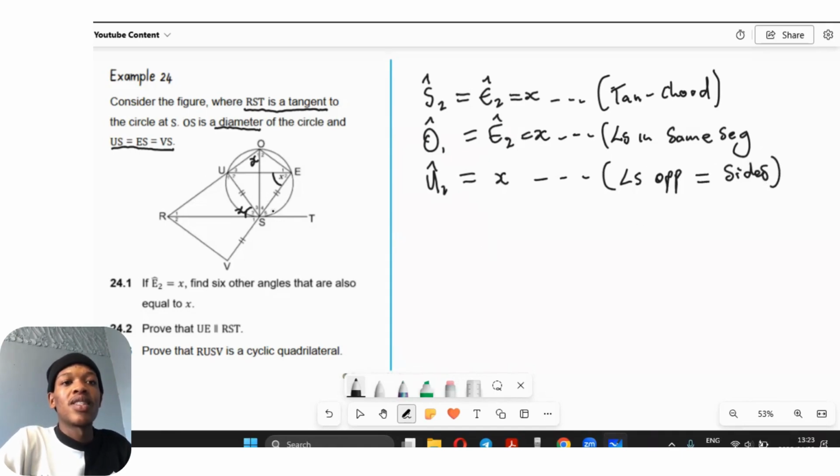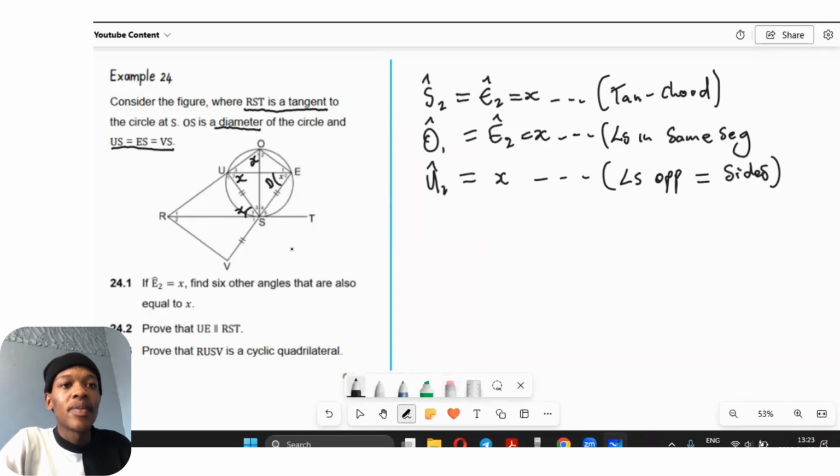Which are those equal sides? ES is subtending U2, and US is subtending E2, and both US and ES are equal, which means they are subtended by equal angles. So now we have X also here.